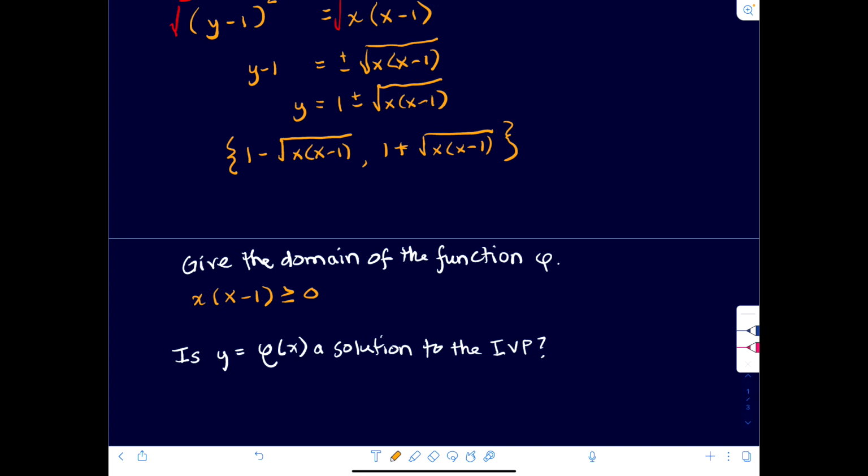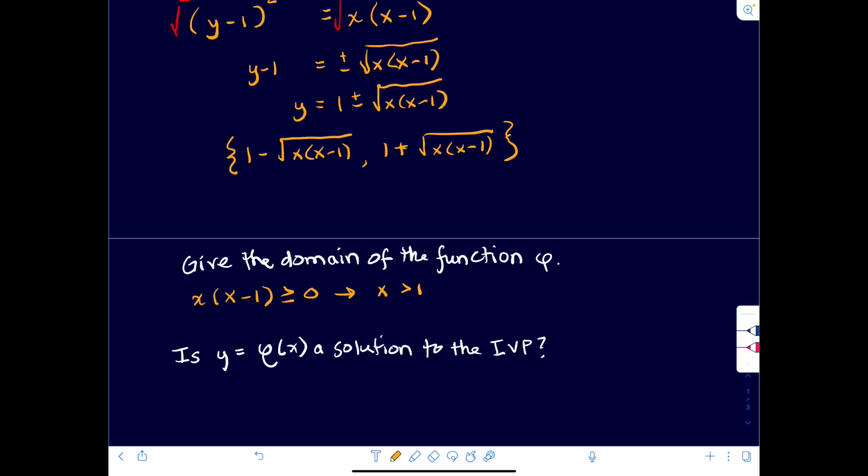So either x has to be greater than 1, or, if x is between 0 and 1, x minus 1 is negative and the product is negative. We could graph this if you want. That one would not work, because you'd get a negative under the radical.